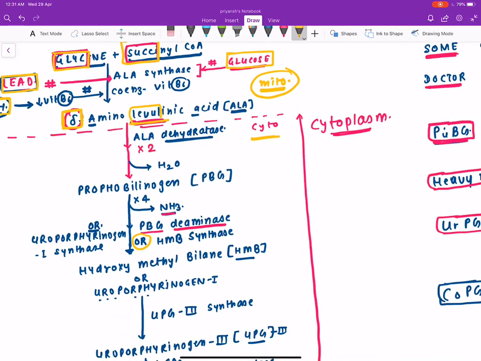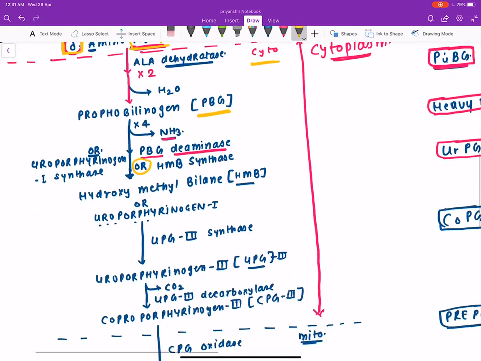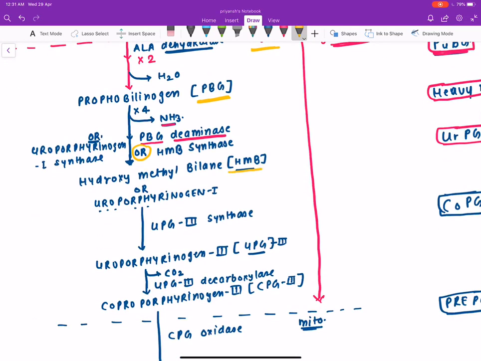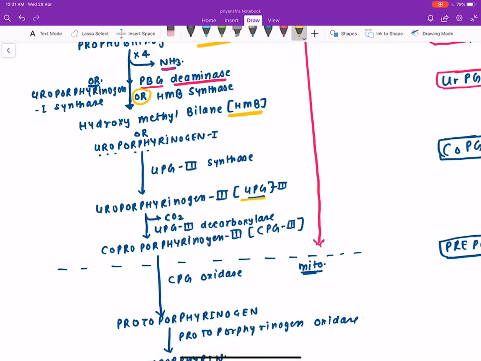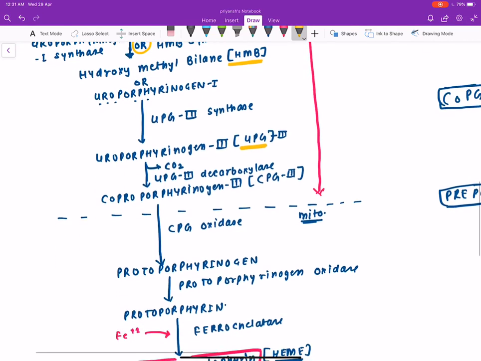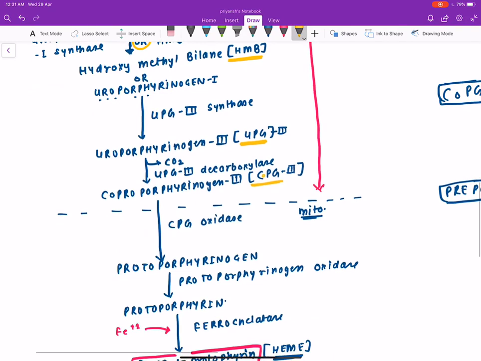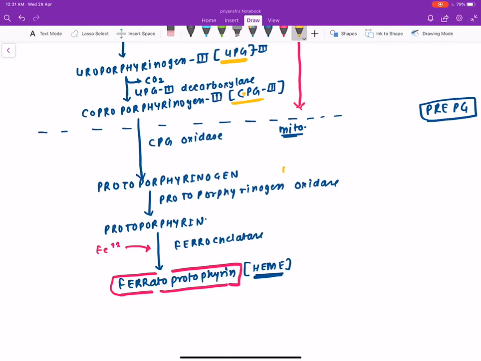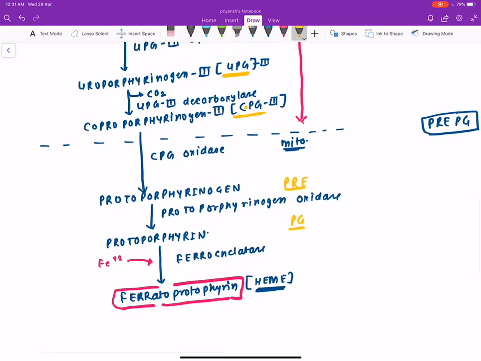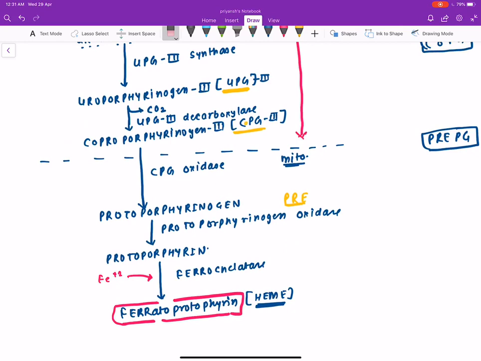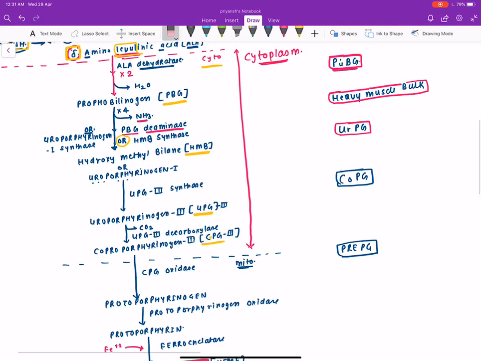They love PUBG. They love heavy muscle bulk. They love your PG, your co-PG, and the pre-PG, protoporphyrinogen and protoporphyrin. Yes, so this is one of the mnemonics that you can use. There are various other ways as well by which you can remember.